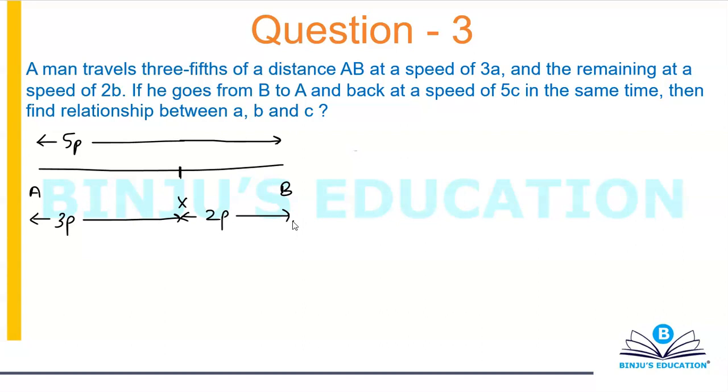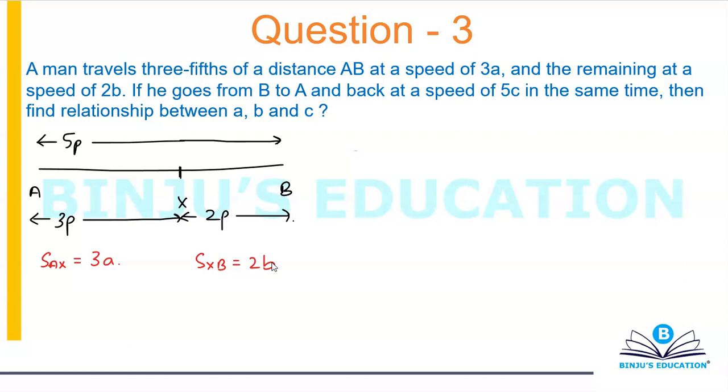A man travels 3/5 of the distance AB at a speed of 3A, so the speed from A to X will be equal to 3A. That's the average speed, and the remaining at a speed of 2B, so speed from X to B is 2B. All right. If he goes back from B to A at an average speed of 5C in the same time.